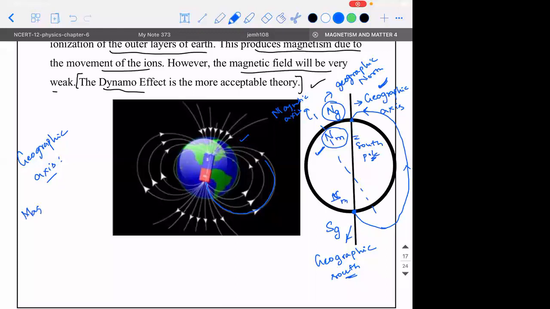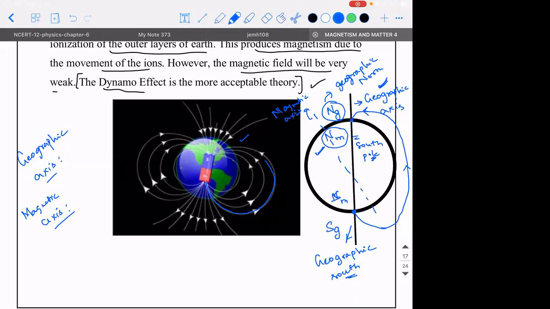Then write what is magnetic axis: an imaginary line passing through the magnetic north and the magnetic south.